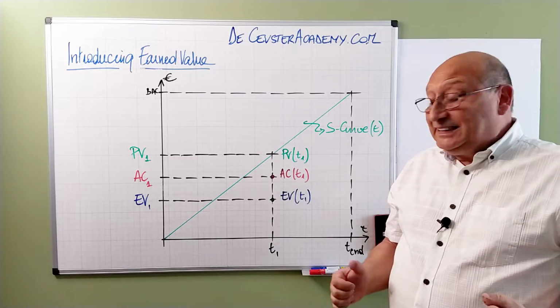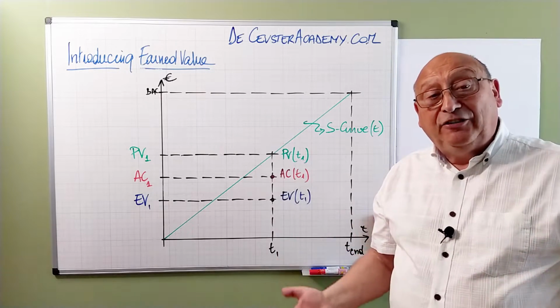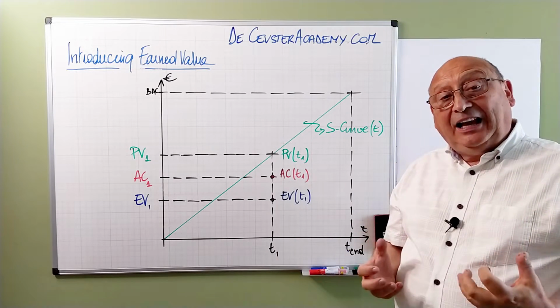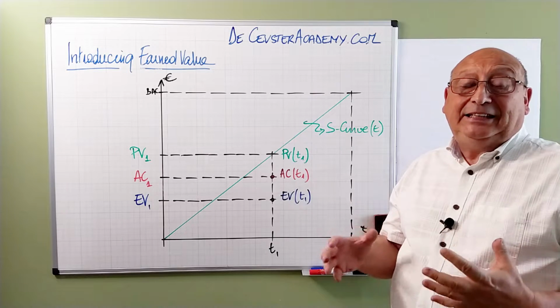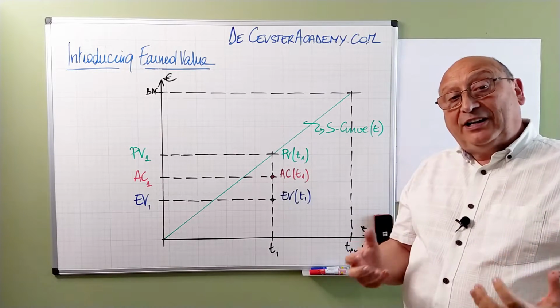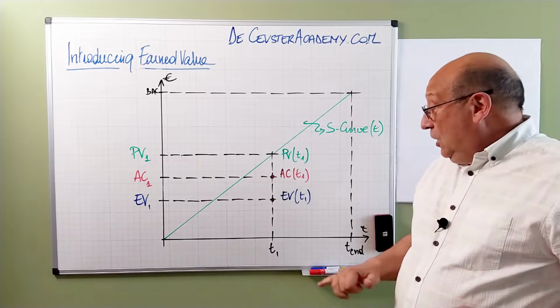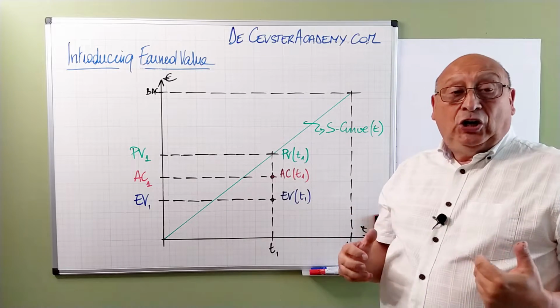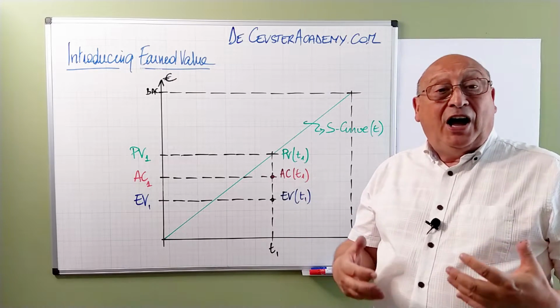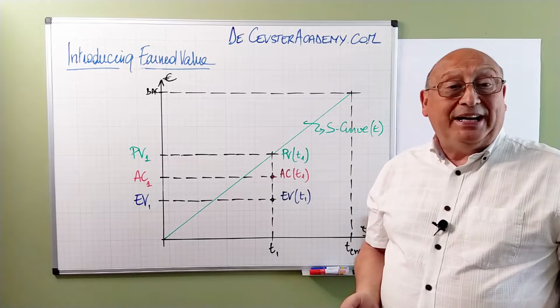Earned value means that at T1, I made so many deliverables and I calculated the estimated cost of those deliverables, because every time I create a deliverable, I earn the value of that deliverable. So basically we have here the overview of how many deliverables I created and what is the estimated cost of those deliverables.